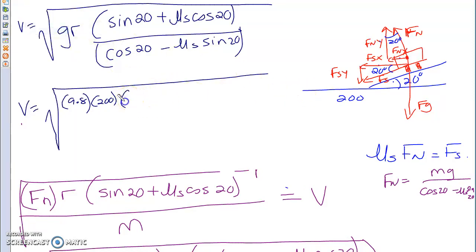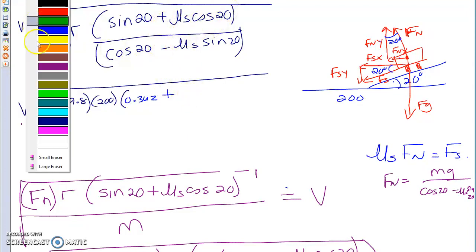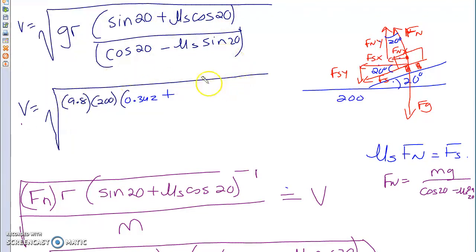So 0.342 plus mu s, of course, was 0.60. So cos 20 times 0.60. 0.564. Now I'm taking your word for it that this is correct.